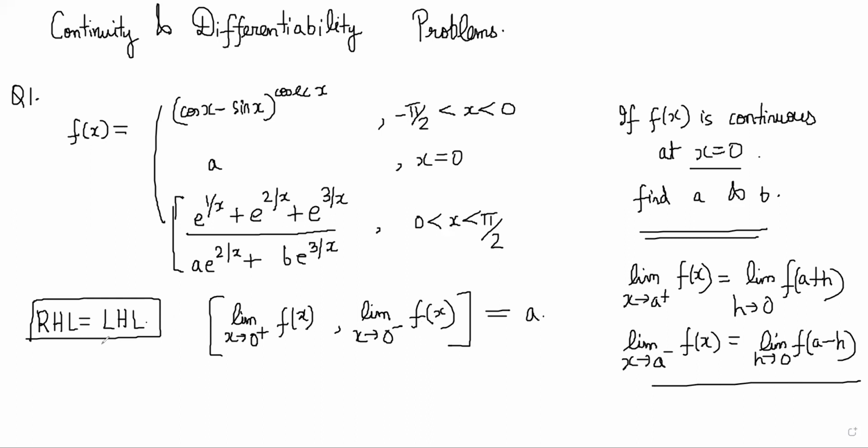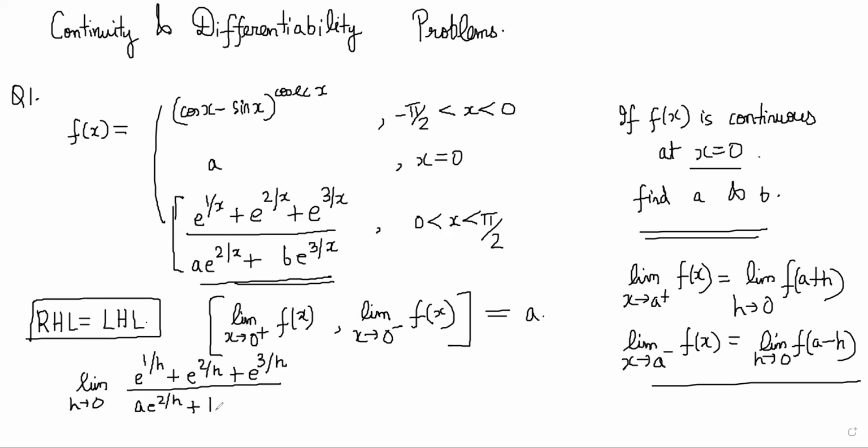So here it will be the limit of 0 plus h, so the limit of h tends to 0 of f of h. So it will be e power 1 by h plus e power 2 by h plus e power 3 by h, over a e power 2 by h plus b e power 3 by h. This is the limit.